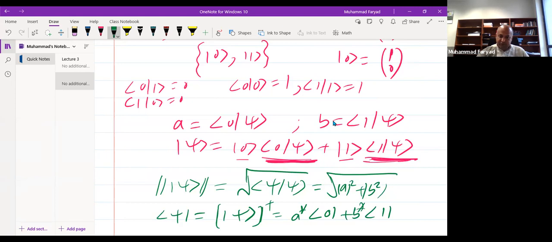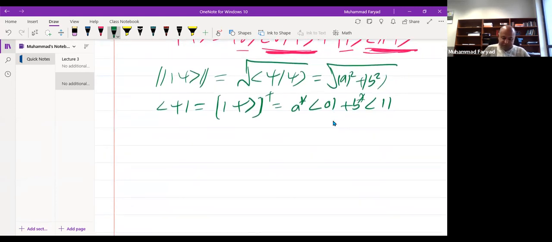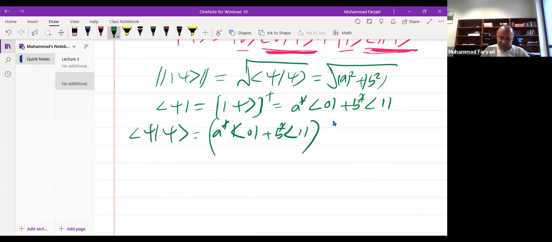And now I can take this inner product of psi with psi like this: A star bra 0 plus B star bra 1, times A ket 0 plus B ket 1. Now, orthonormality will be very useful whenever we are evaluating inner products, because the inner product of 0 with 0 is 1.